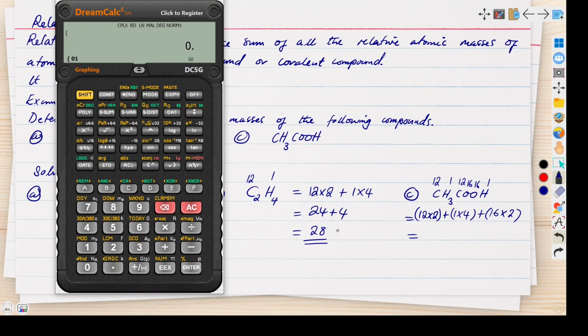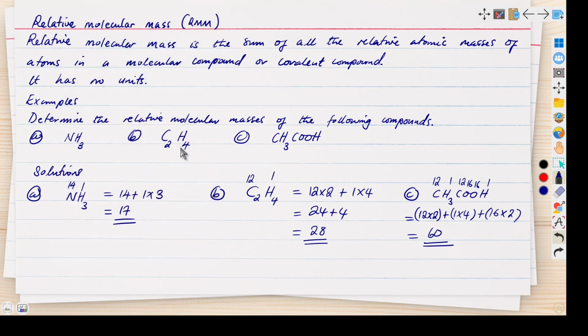Open brackets 12 times 2 close brackets, plus open brackets 1 times 4 close brackets, plus open brackets 16 times 2 close brackets, then equals, it will be 60. So this one has given us 60, and has no units. This is how you find these things.